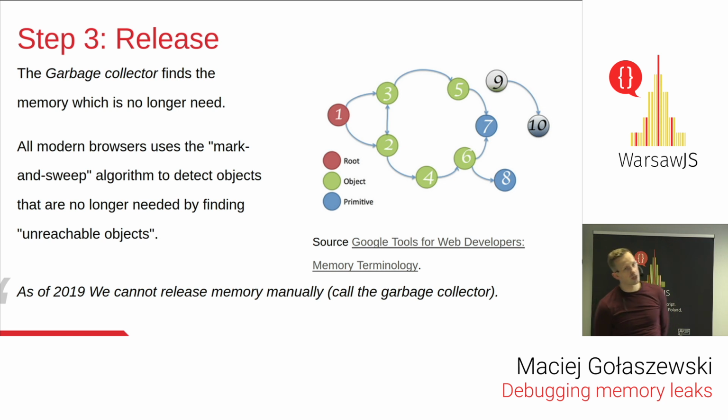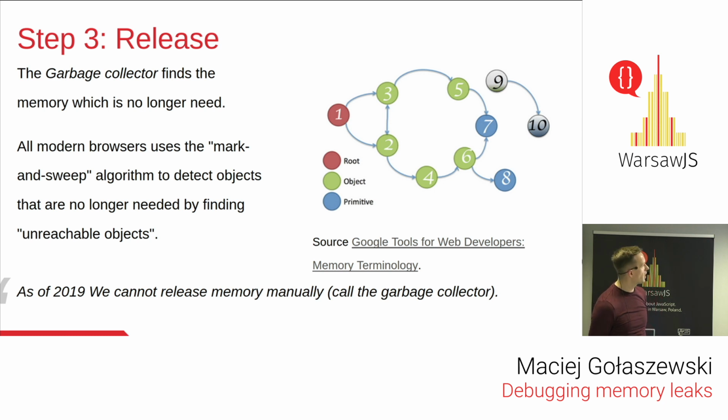All modern browsers implement the mark and sweep algorithm, which detects the objects that are no longer needed by finding the unreachable objects. The unreachable objects are those that are not referenced by any others.